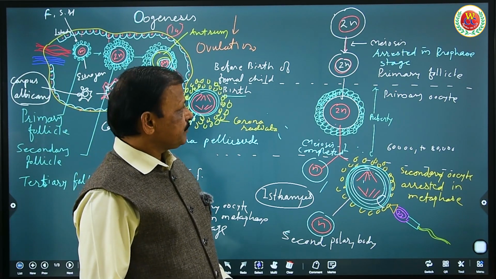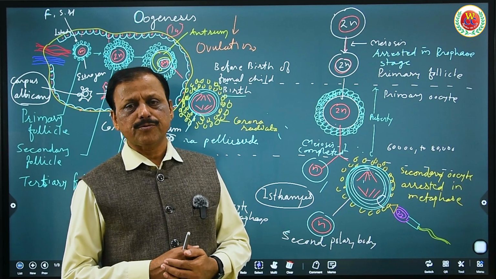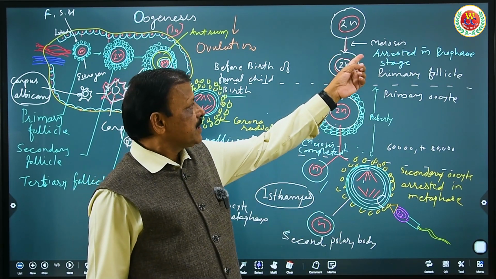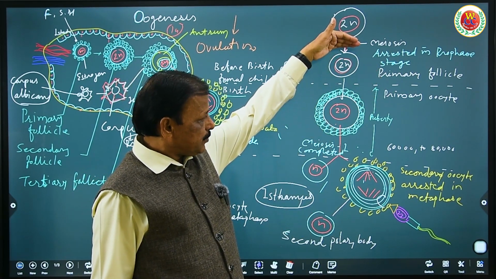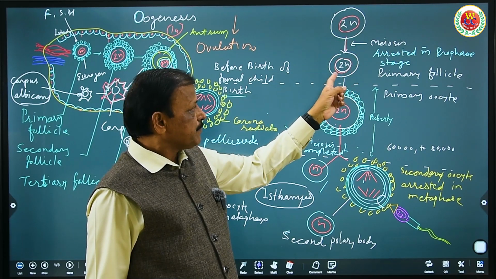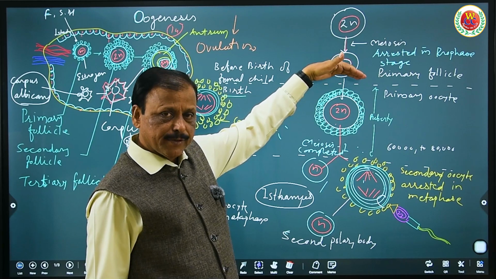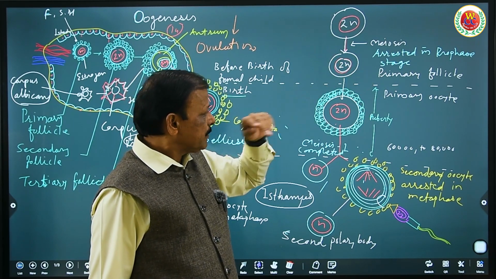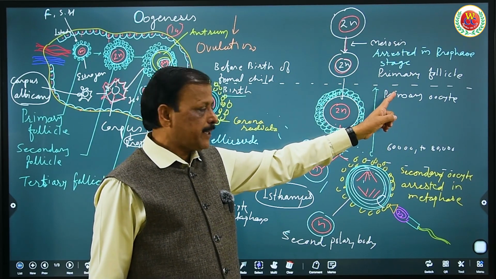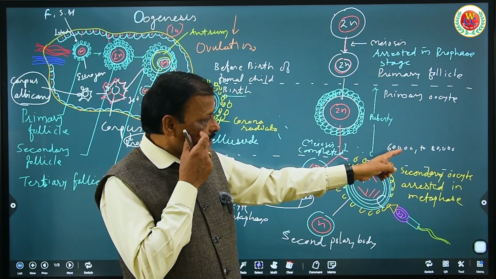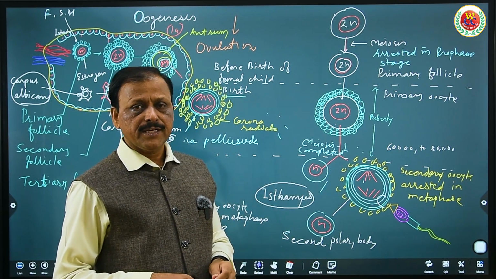Okay, once again, it is the process of formation of ova, in which the oogonial mother cells as a primary follicle are arrested in prophase stage, and remain so after birth, but during puberty most of the primary follicles degenerate, and 60 to 80,000 primary follicles remain.